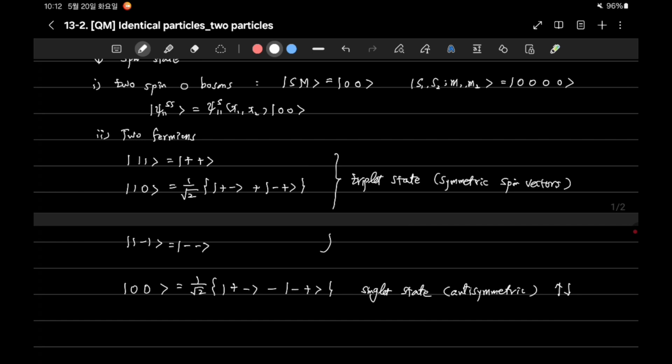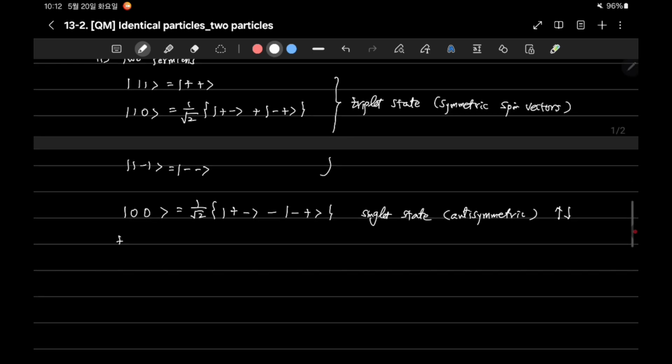So, for example, in the triplet spin state, it is a symmetric spin vector. Because the fermion total wave function should be antisymmetric, it means the spatial wave function must be antisymmetric.